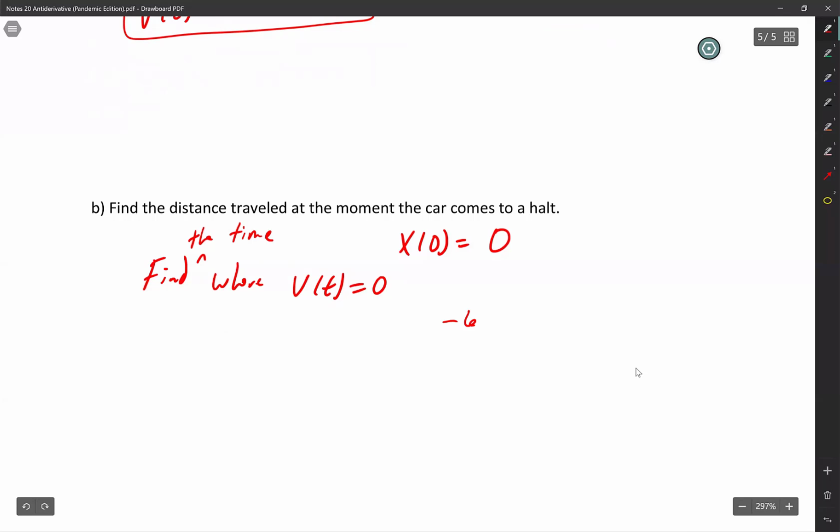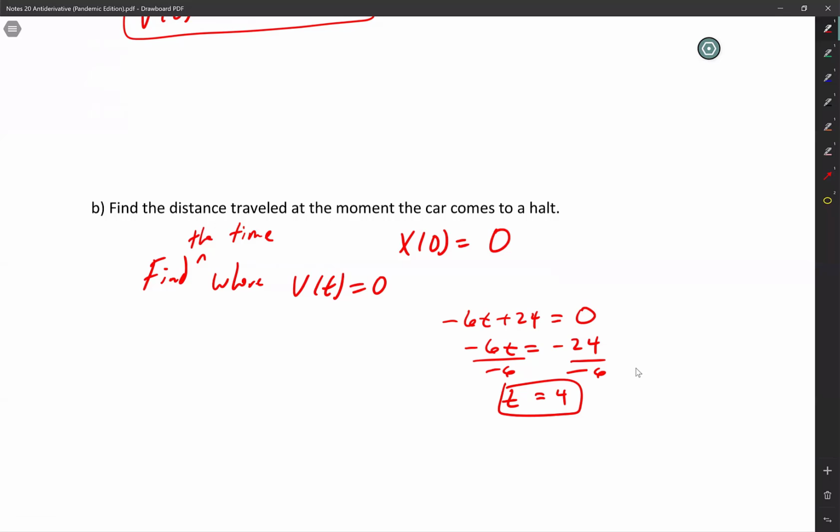That's my velocity. I'm going to set it equal to 0. You can move the 24 to the other side, it doesn't matter. Negative 6t equals negative 24. Divide by negative 6. What do you get? Did you say 4? You get 4 seconds. It takes 4 seconds for this car to come to a halt.